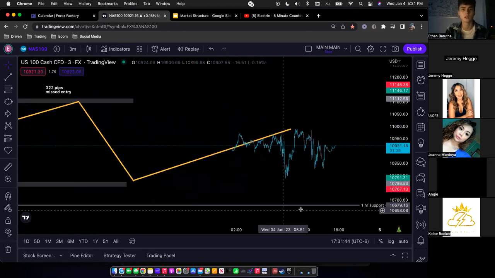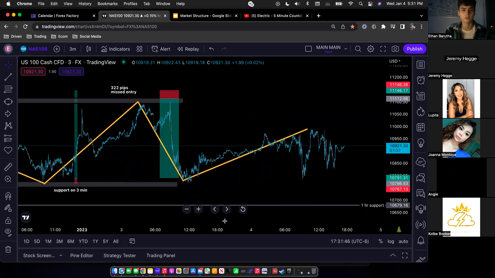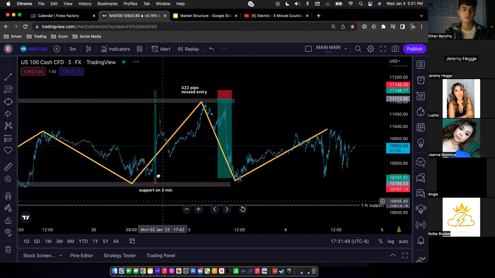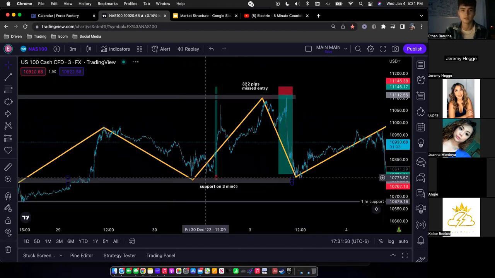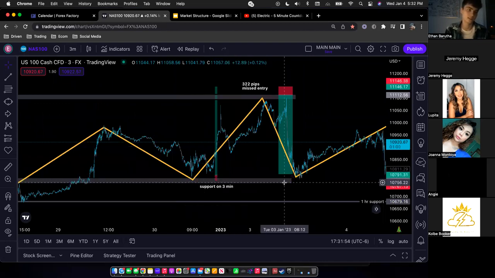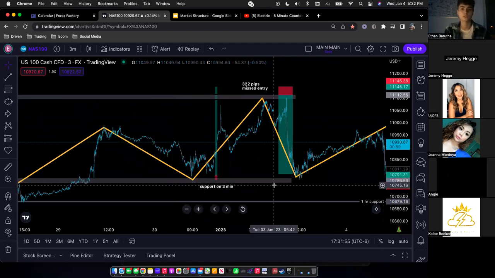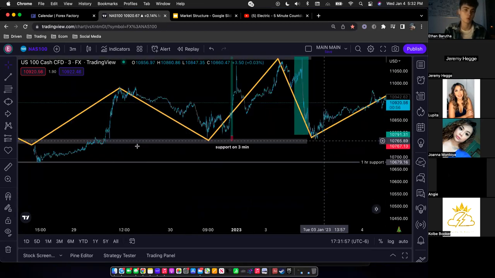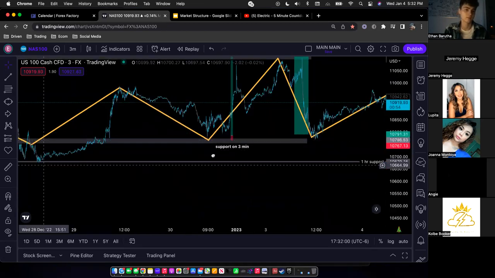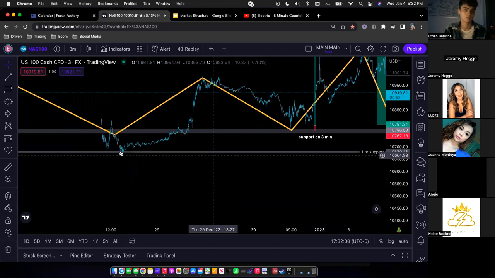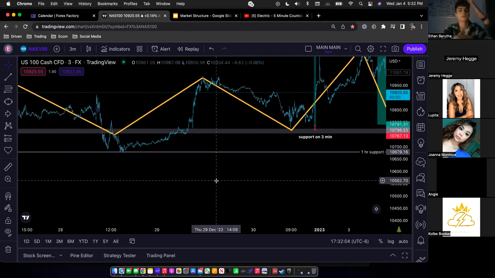So you see how there is a nice resistance right here on the 3 minute. Well, you really don't see that on the 1 hour time frame. You see this support on the 1 hour time frame. So it's kind of just narrowing down your zones and your entry points to see when to take a trade.